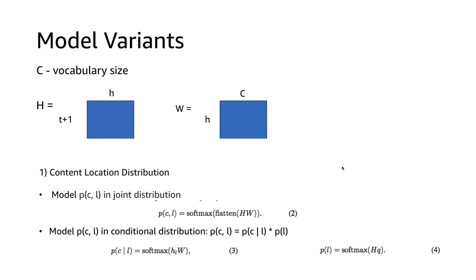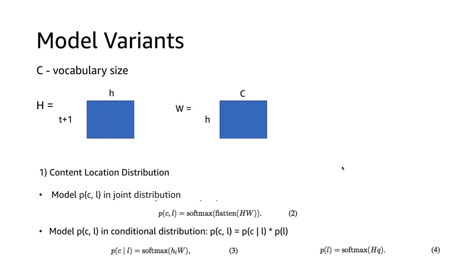If you have C words, then you want to map your hidden representation to C so that you can predict the next word. That's what W is. Now we need to predict the joint distribution, which captures a word and a given location. When I say P(c, l), it means the probability that a word X goes into a location Y. And we can calculate this in 2 ways.